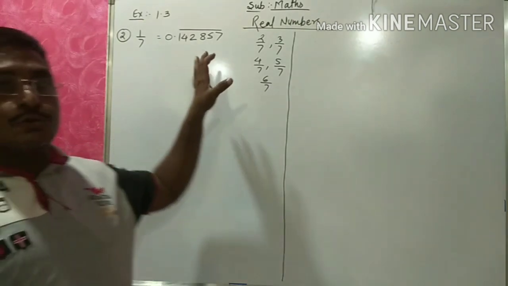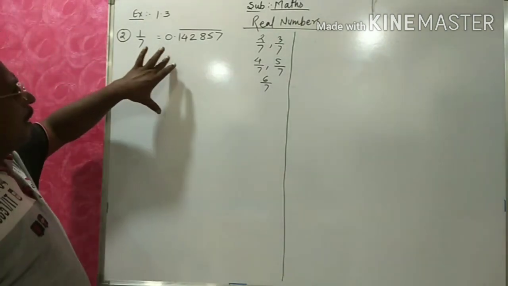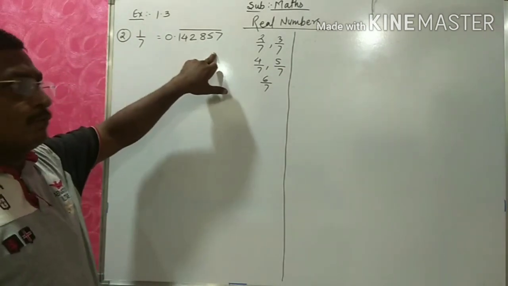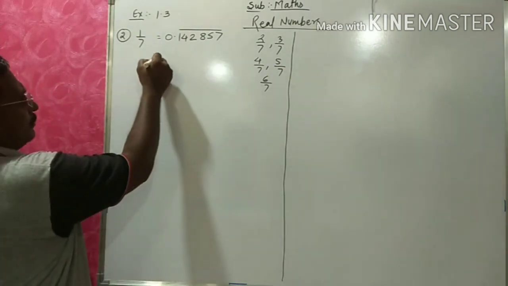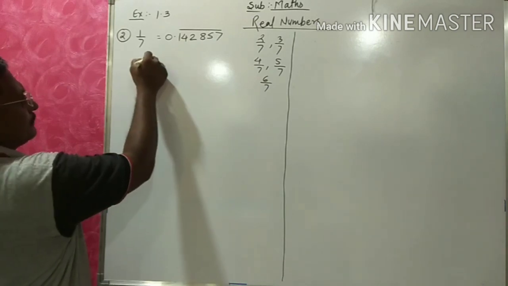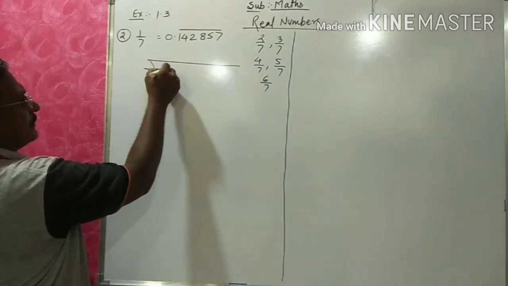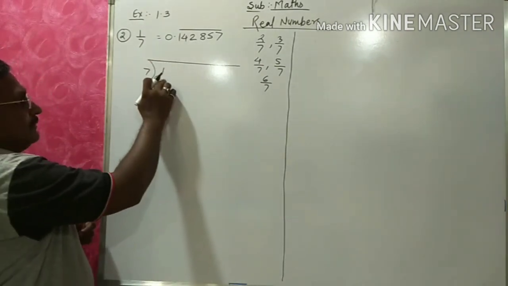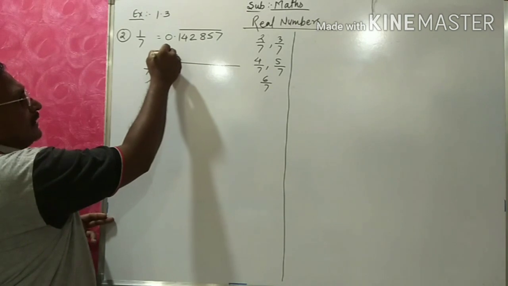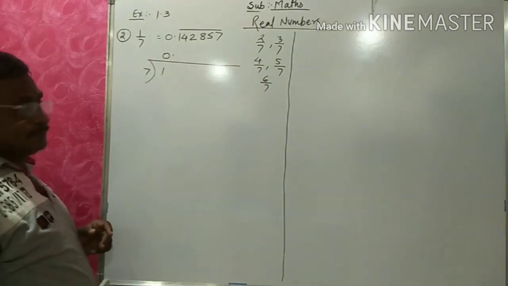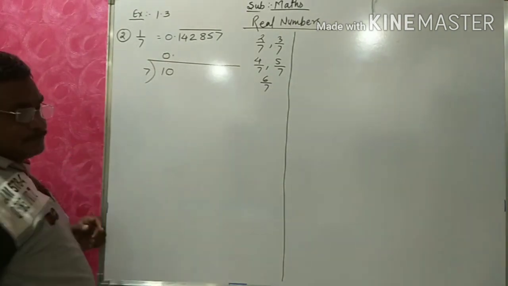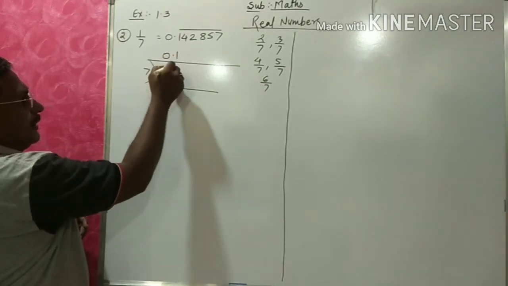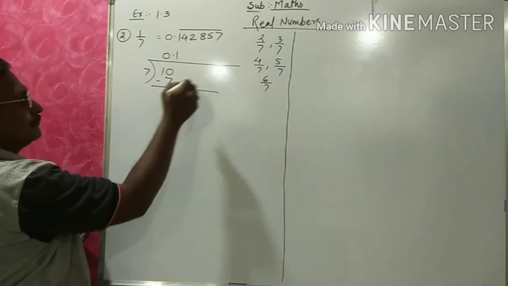So now how to do this? Does 1 by 7 really equal this number? We will do the division and see. 7 into 1. Now 1 is not divisible by 7, so here we take 0, point. Now 10. 7 ones are 7, remainder 3.